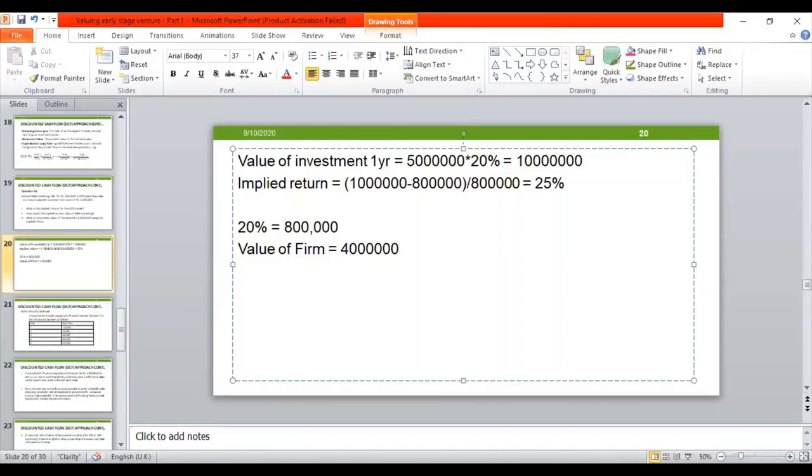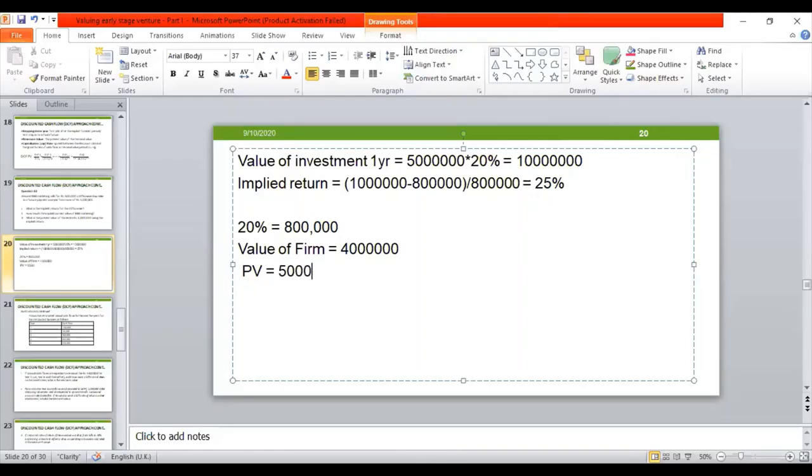And then the last part, what is the present value of the entire 5 million using the implied return? We have already calculated that our implied return is 25%. So if the discount rate is 25%, what would be the present value of this 5 million cash flow after 1 year? So the present value of 5 million at a discount rate of 25%, right?